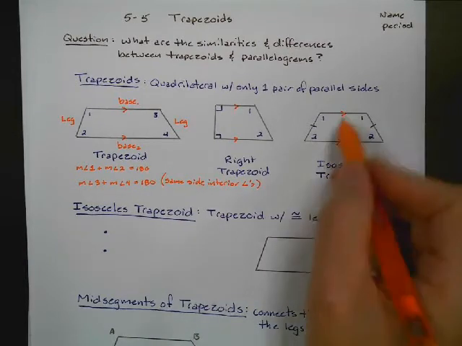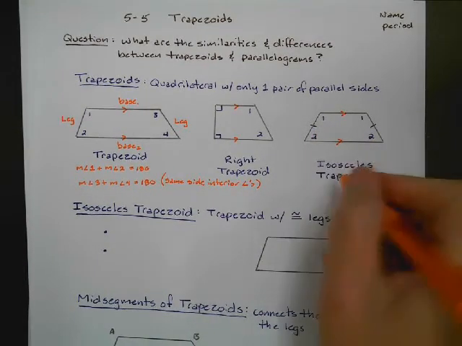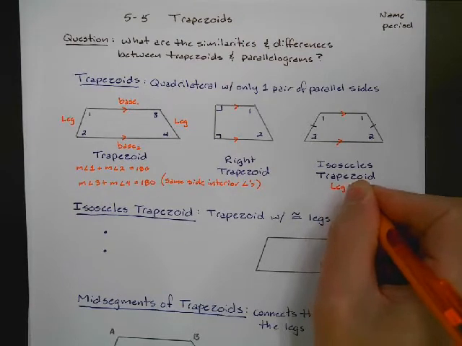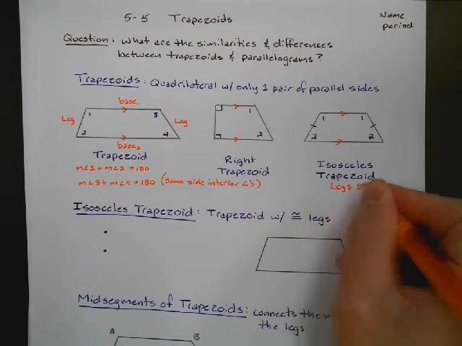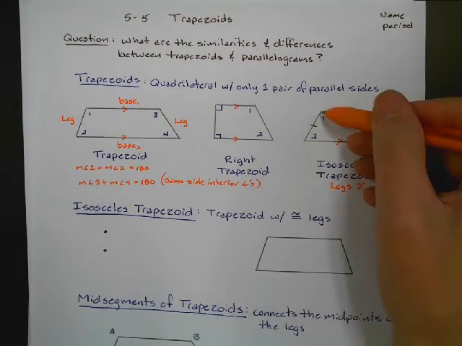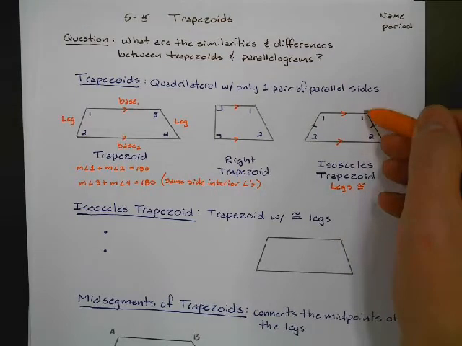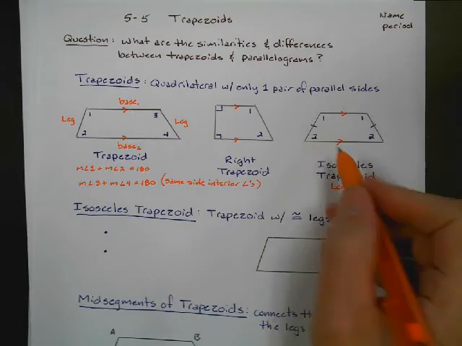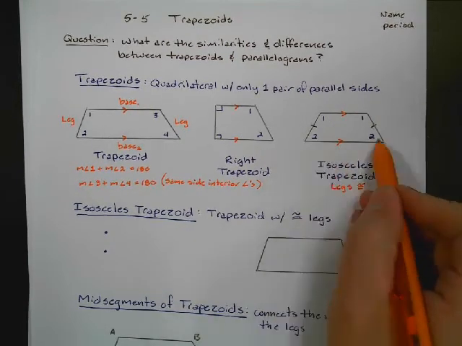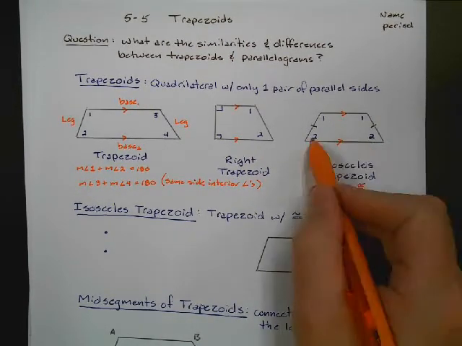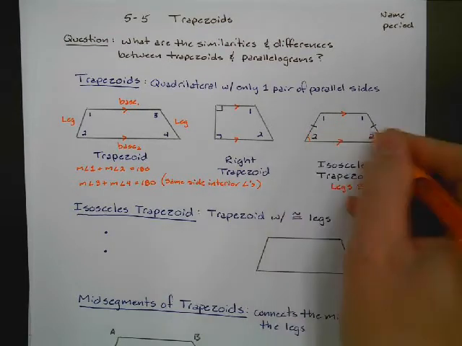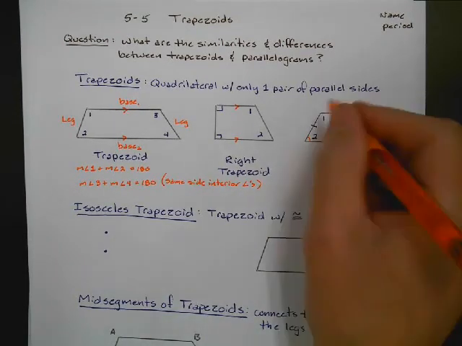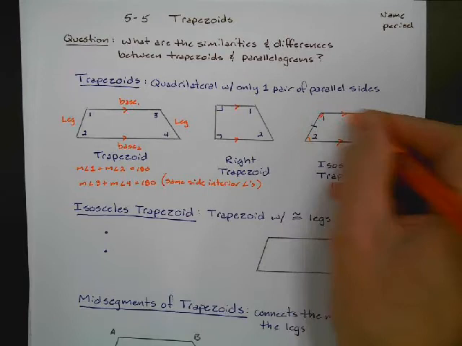Now, in isosceles, the legs are congruent. So really what you have here is like an isosceles triangle where we've cut off the top part of the triangle. So remember, in an isosceles triangle, the base angles were congruent. So here we've got base angles that are congruent. 2 and 2 are the same, and 1 and 1 are the same.